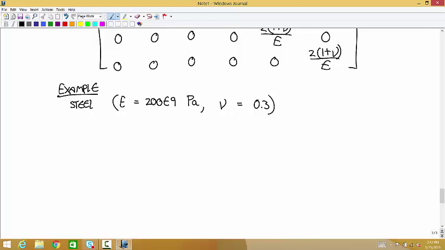Different mixtures of steel have different values, but they're all in that ballpark. And let's say that the Voigt stress is 5 times 10 to the 7, 0, 0, 0, 2 times 10 to the 7, let's make that one negative, pascals, and then positive 1 times 10 to the 7 pascals.